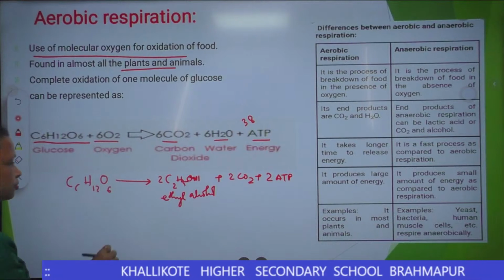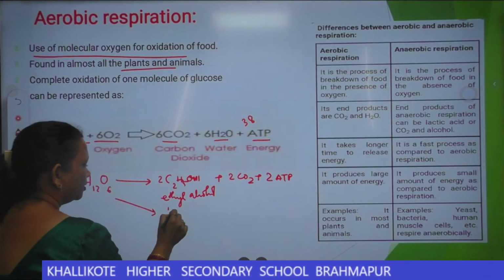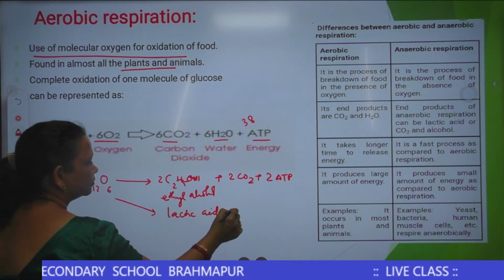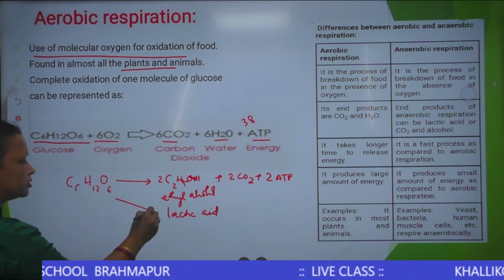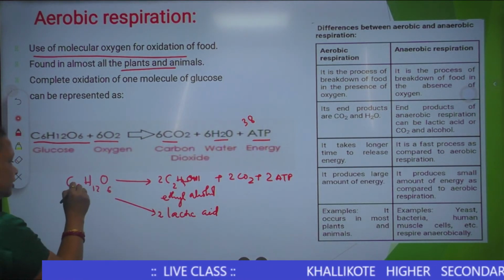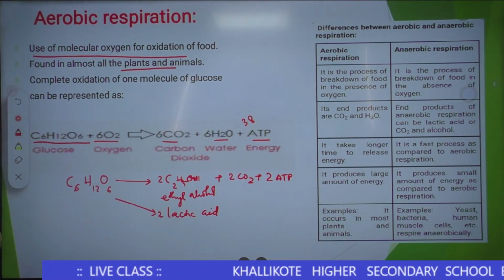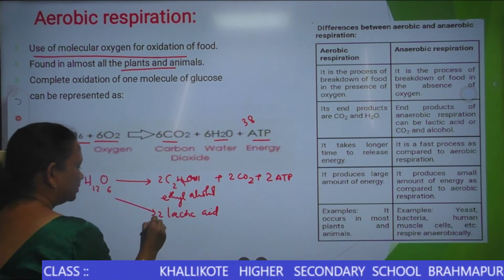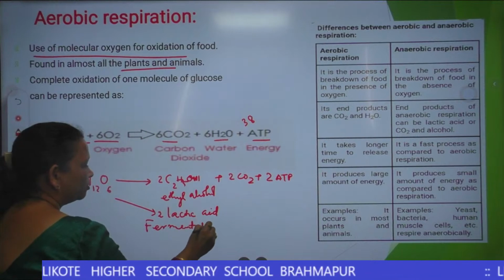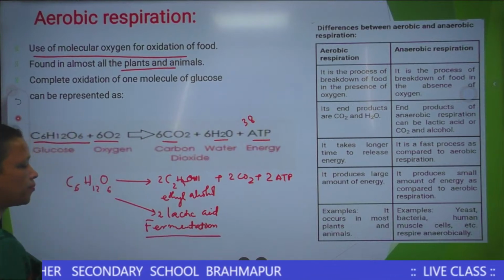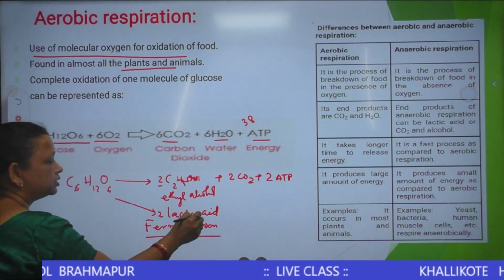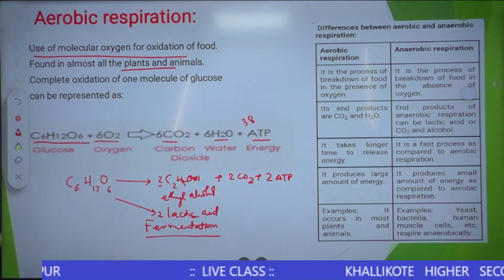Or it can also break into lactic acid, 2 molecules of lactic acid. So we also utilize this anaerobic respiration process, and the common usage is for fermentation. So this is alcoholic fermentation, this is lactic acid fermentation.